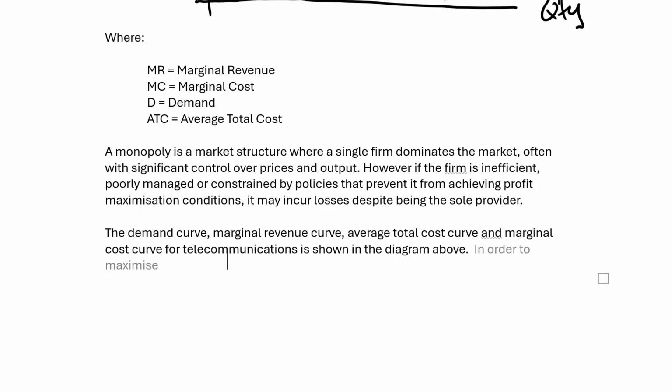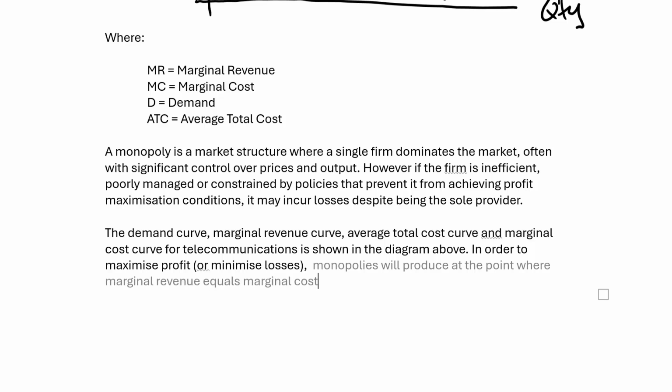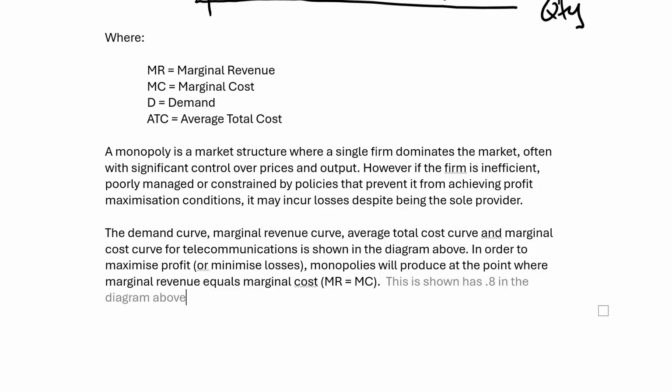In order to maximize profit or minimize losses, monopolies will produce at the point where marginal revenue equals marginal cost. This is shown as point A in the diagram above, and quantity is Q1.